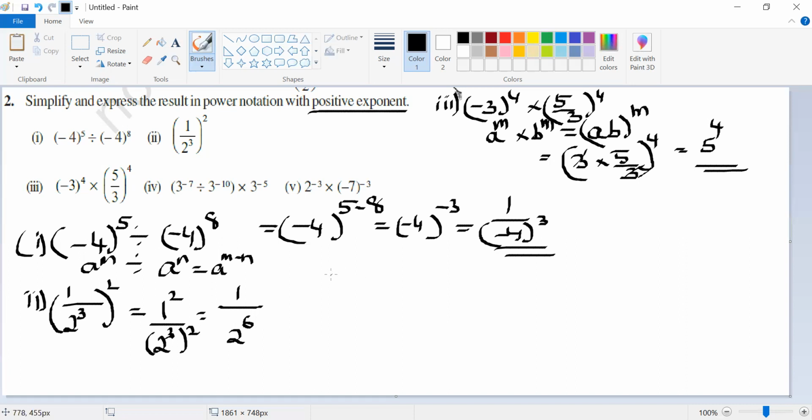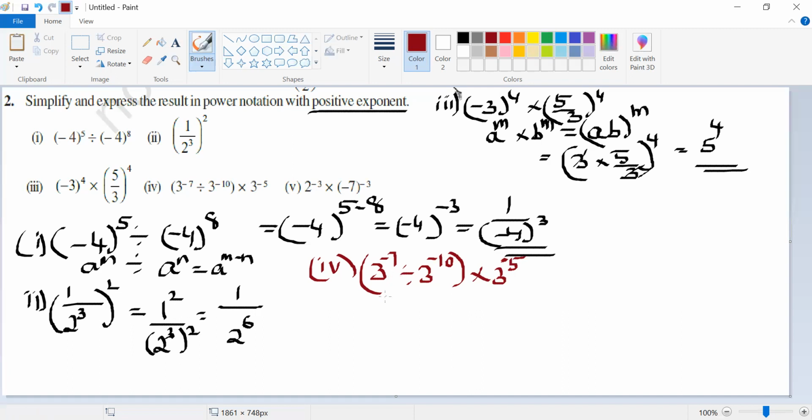Now the fourth one. 3 raised to minus 7 divided by 3 raised to minus 10 into 3 raised to minus 5.